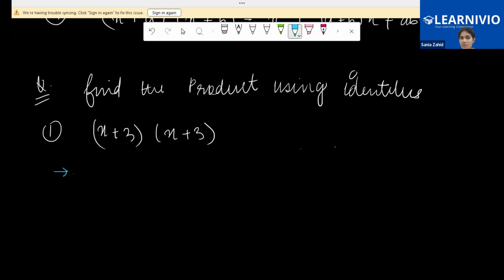This is like you have first number and second number and both of them are occurring twice. That means, can I write it down as x plus 3 whole square? Yes, because it's occurring twice. If I have 3 into 3, I can write it down as 3 square. So whenever I have two numbers being multiplied, I can write it as whole square. So x plus 3 whole square I write.